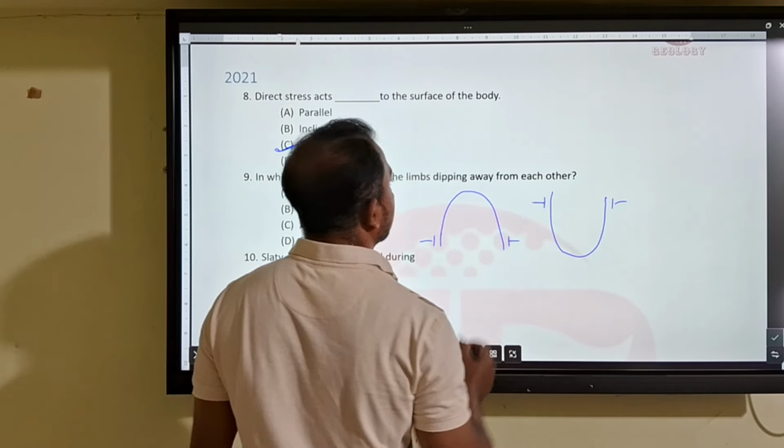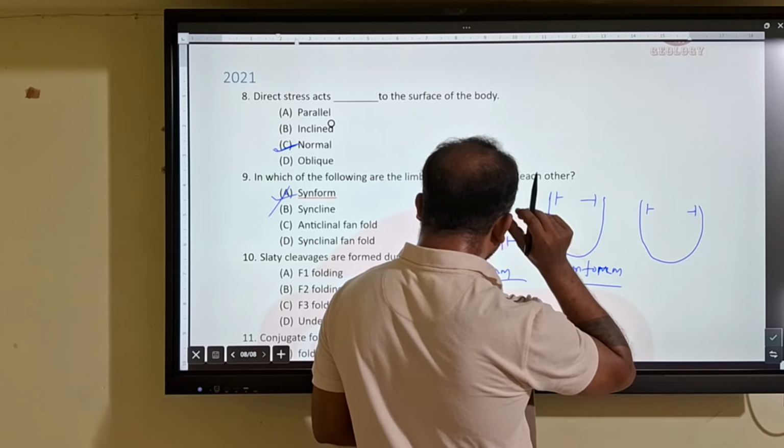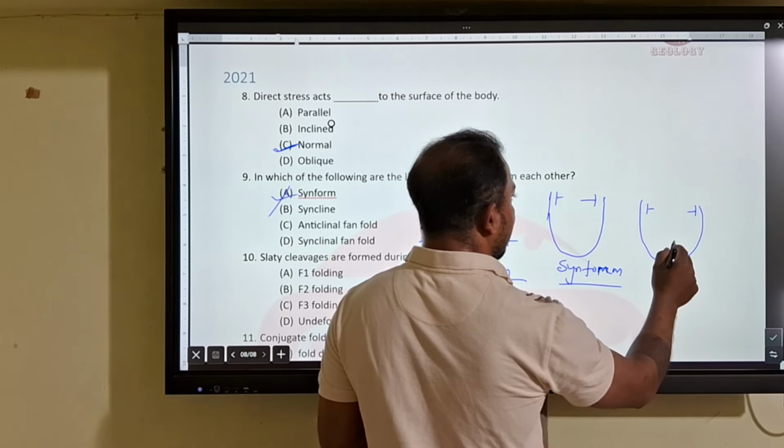So synform is incorrect. Then syncline, another type where the limbs dip towards each other, but the younger rock is present at the core and older rock at the periphery. That is called your syncline.